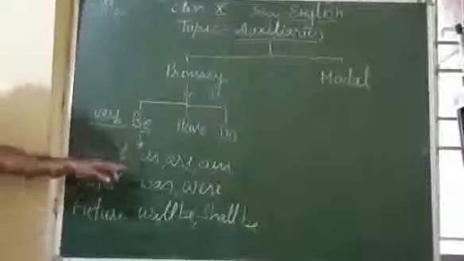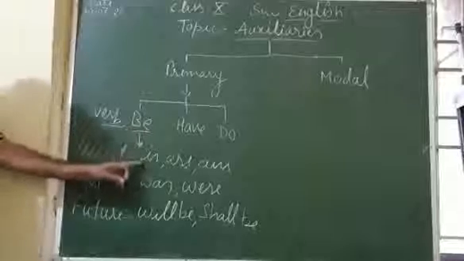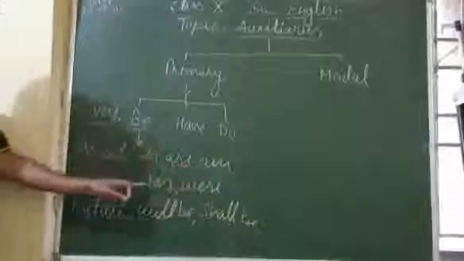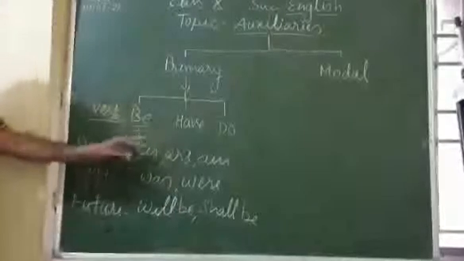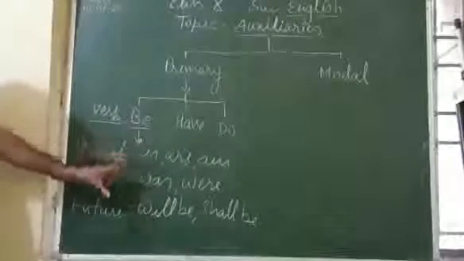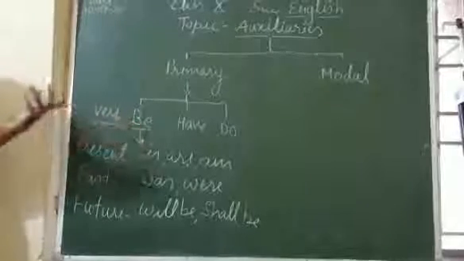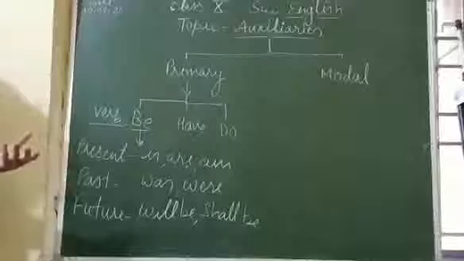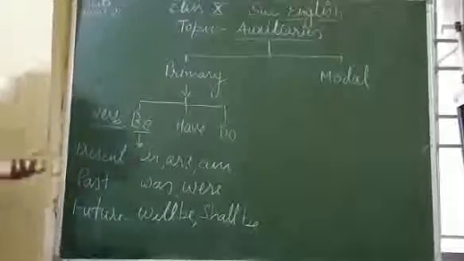So these are the forms of verb be. Three for present, two for past, and two for future. These seven are the forms of verb be that depict the status of any action, any situation.